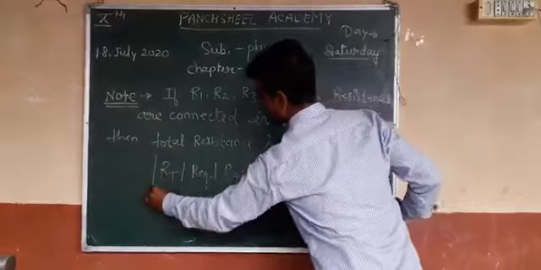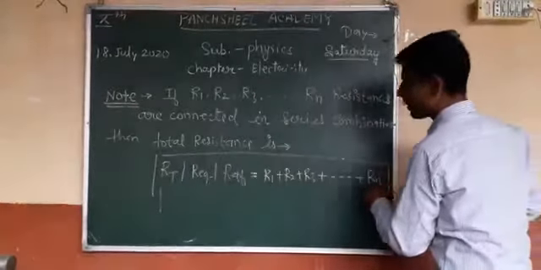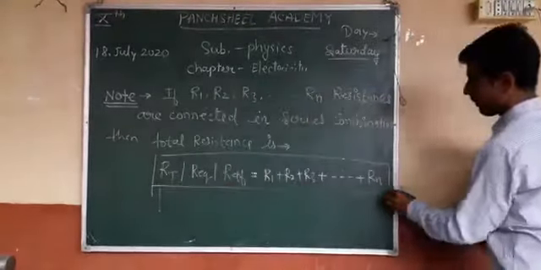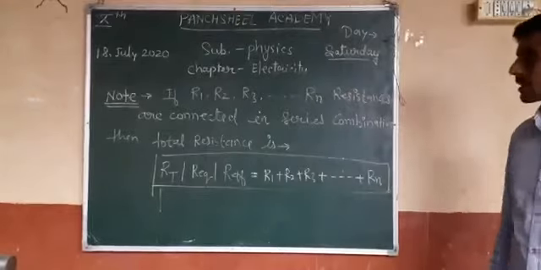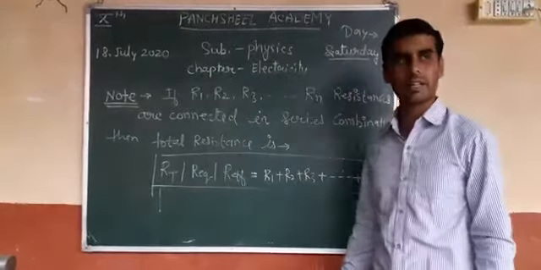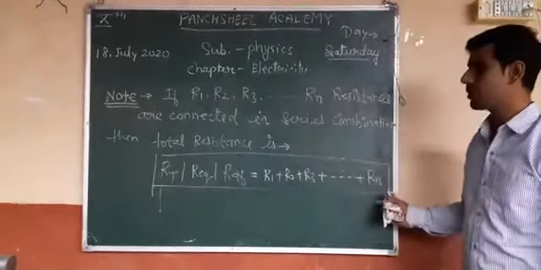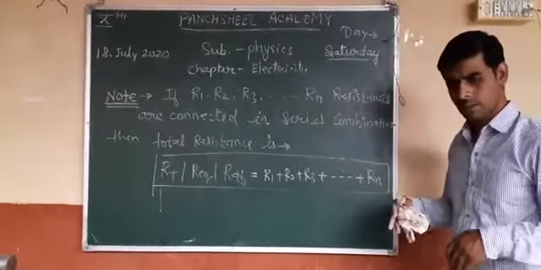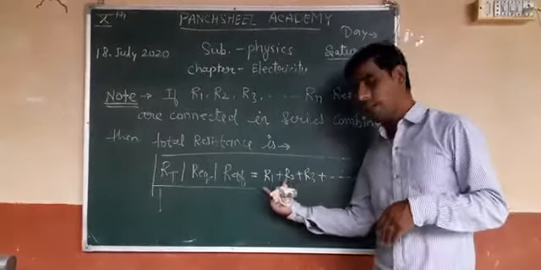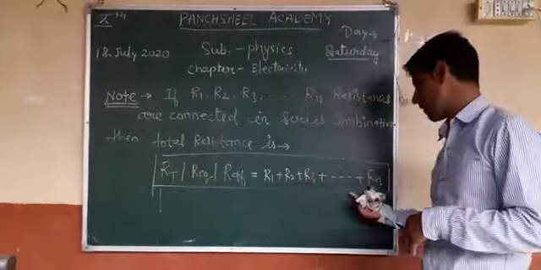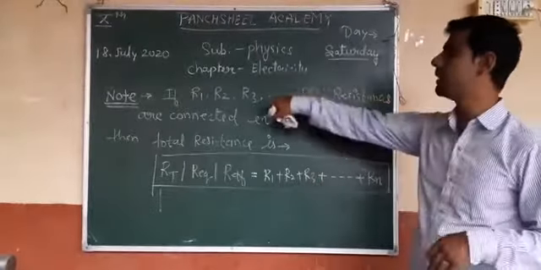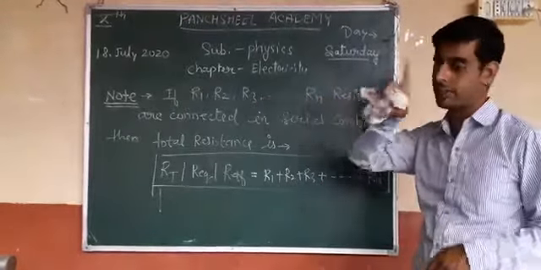Okay, this is the value of all the resistances which are connected in series. R1 plus R2 plus R3 up to Rn if these resistances are connected in series.